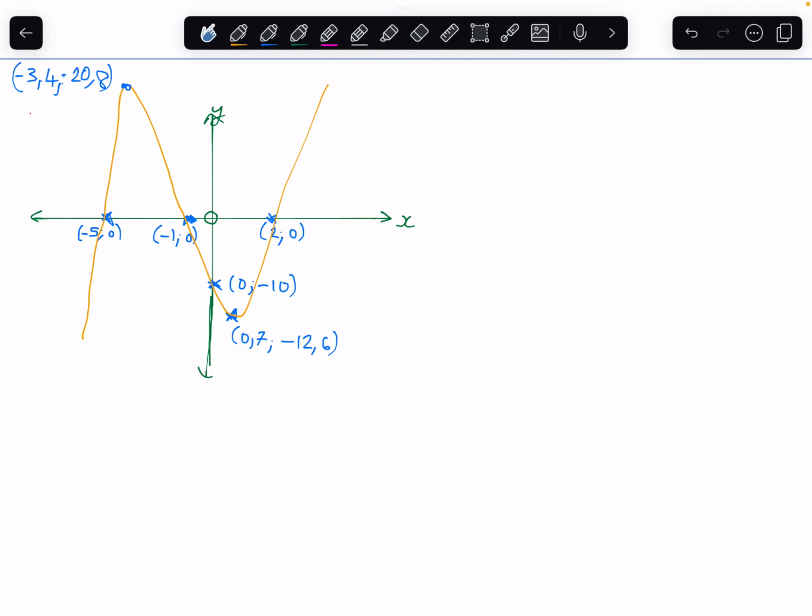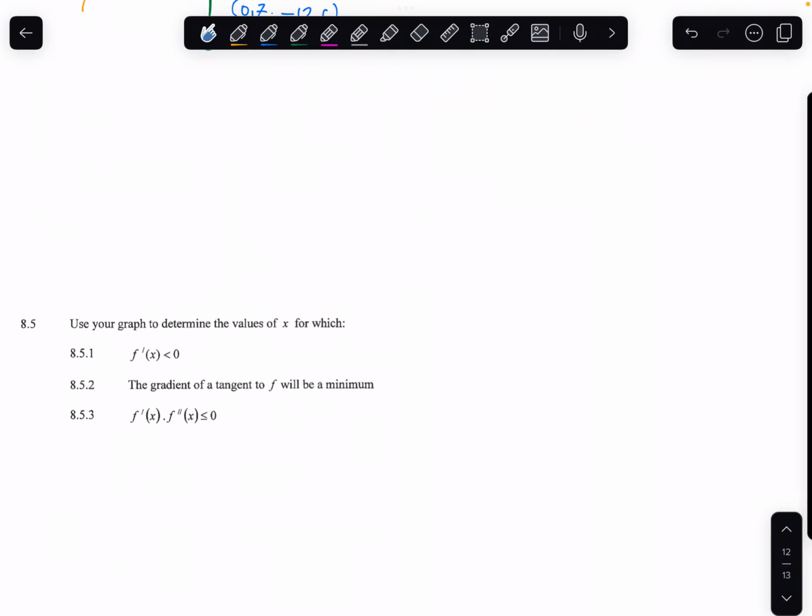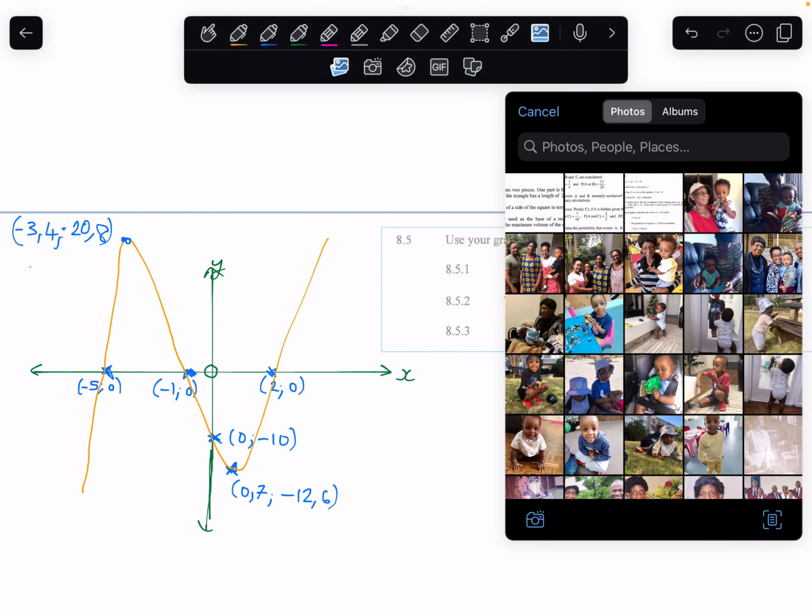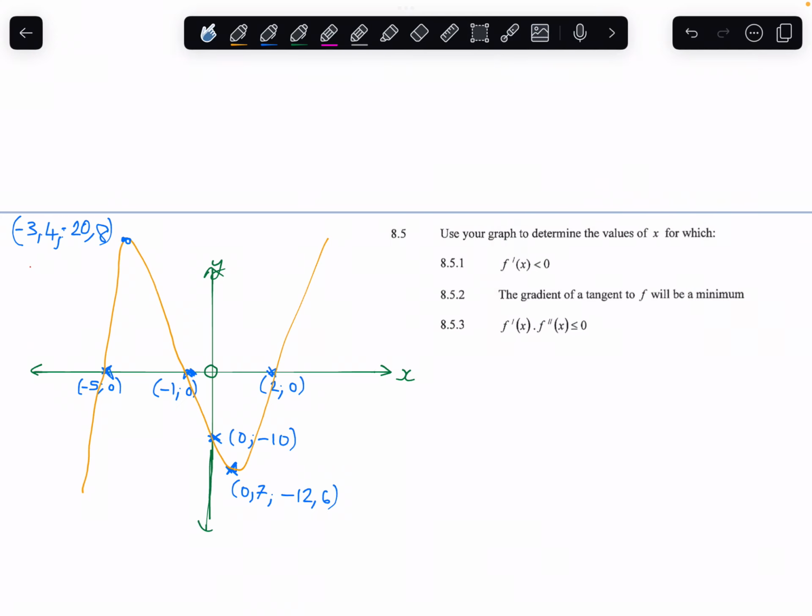Okay, then lastly, let's move this guy up. Okay, righty. So use your graph to determine the values of x for which f prime x is negative.